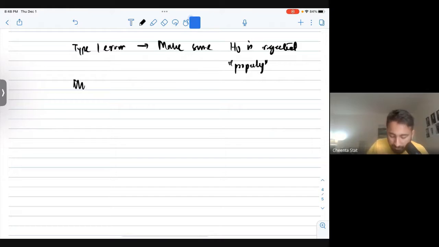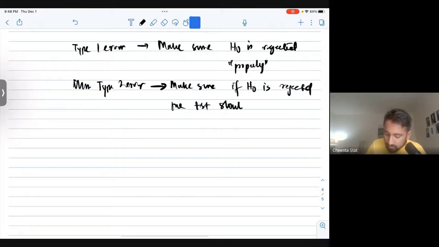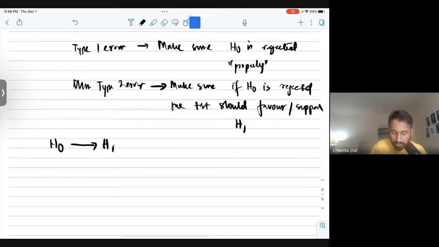And minimizing type 2 error is making sure that if H0 is rejected, then the test should favor or support H1. This is the goal. So the order of importance is H0 and then H1, not the other way around.